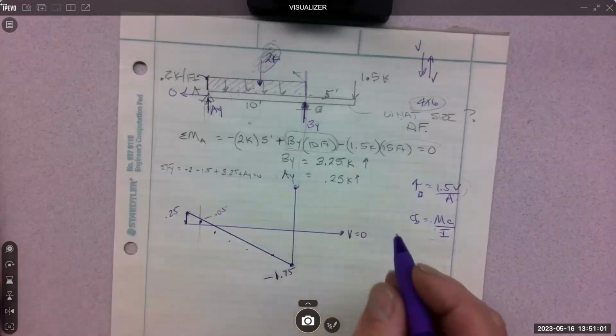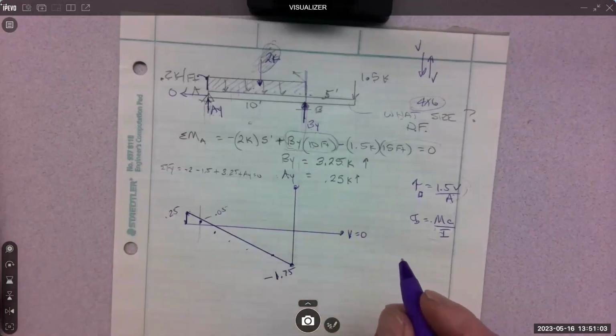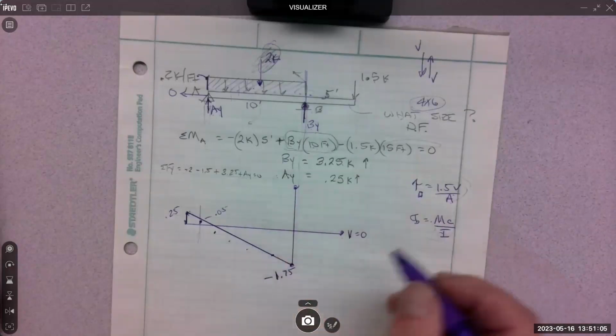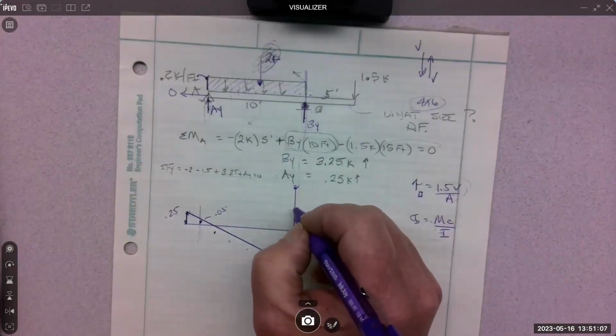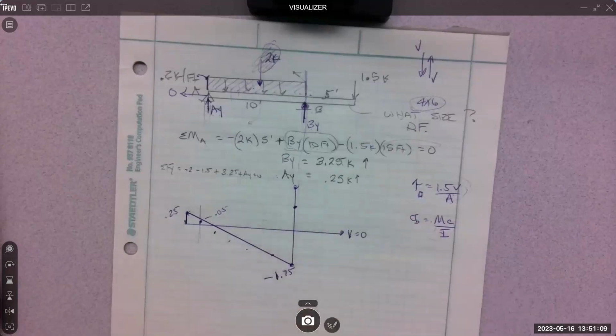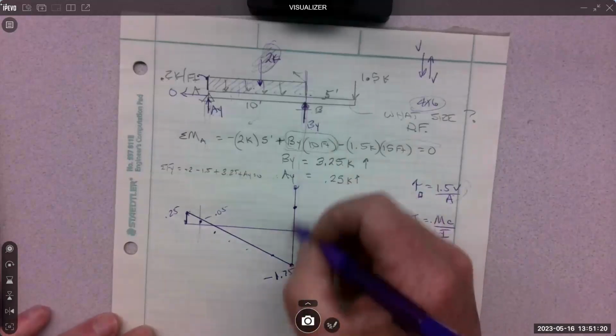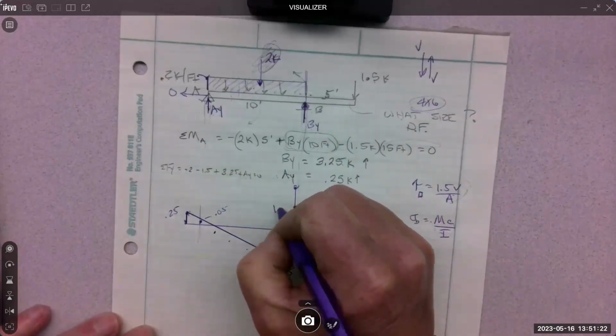I get 1.5. Is that true? 3.25 minus 1.75 is 1.5. I'm going to make my graph a little more accurate, so I'm putting it here.